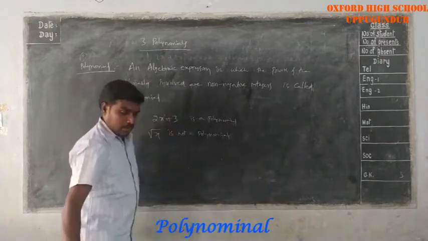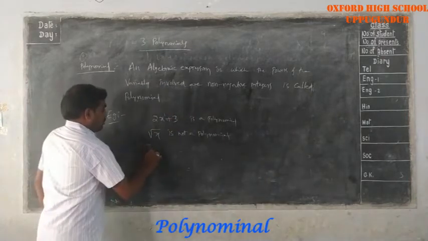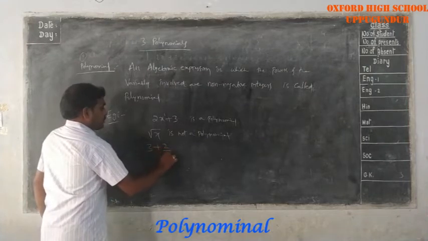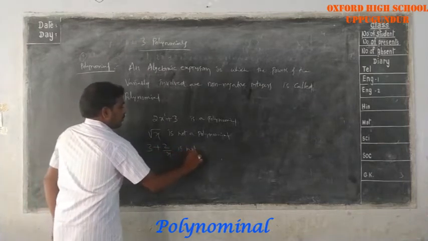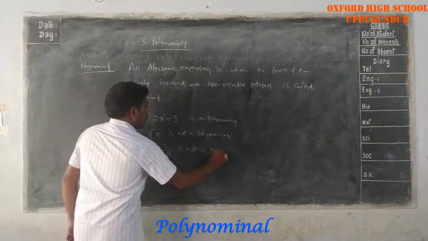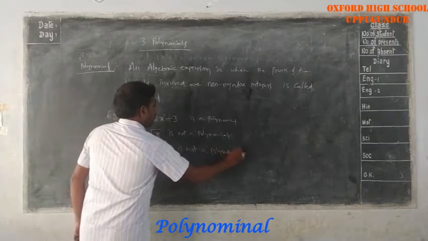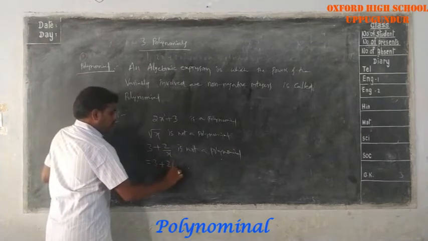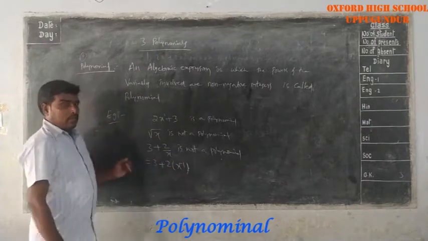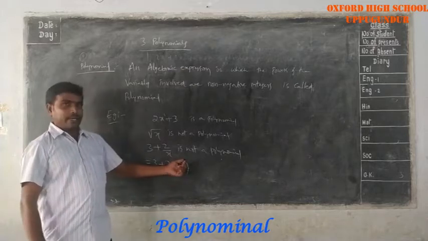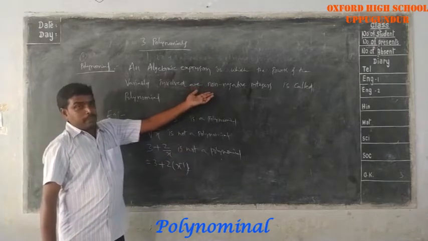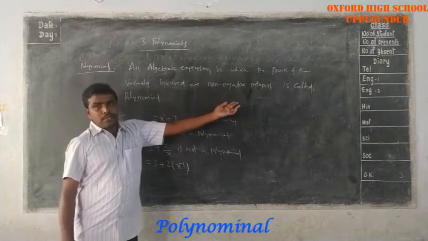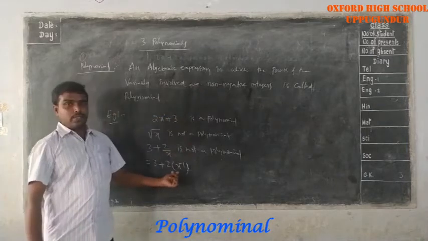Next, 3 plus 2 by x is not a polynomial. Why? Because you can write this as 3 plus 2 into x power minus 1. Here the variable power is negative. So the variable power should always be a non-negative integer, then only it is a polynomial.